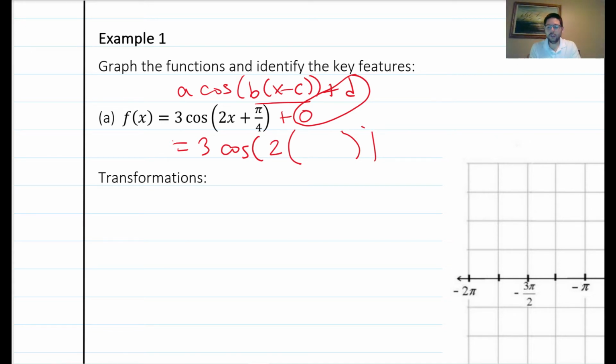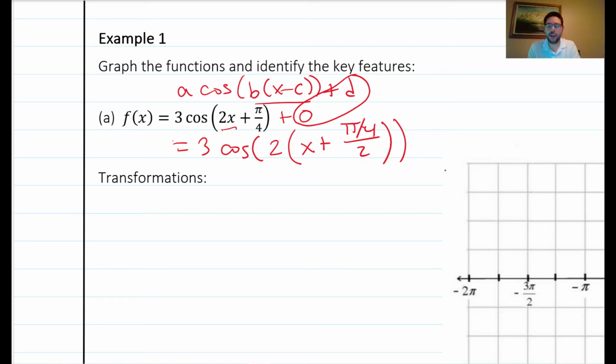All right, so if we pull out a 2 from 2x, that's just going to be x, because 2 times x is 2x. If I pull a 2 from pi over 4, how do I do that? Like we said earlier, you take the number and divide it by whatever you want to pull out. So really, it's pi over 4 divided by 2. So pi over 4 divided by 2 is going to be pi over 8.